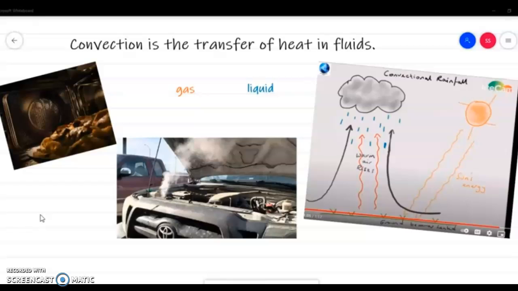If you blow it, well, that steam will rise out of there somehow. And we have our convectional rainfall. We have the sun shining down, heating the ground. We have condensation, moisture forming in the form of rain clouds, and it's an ongoing process. A convection current.